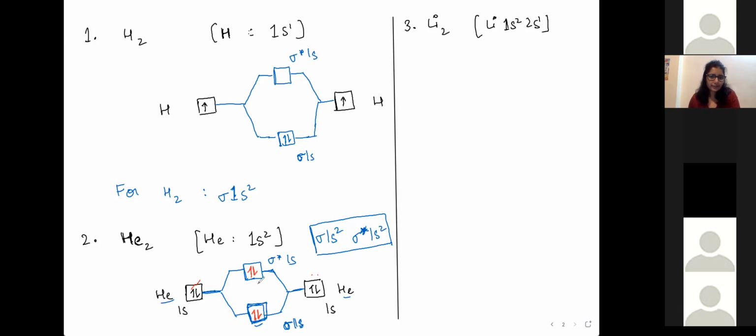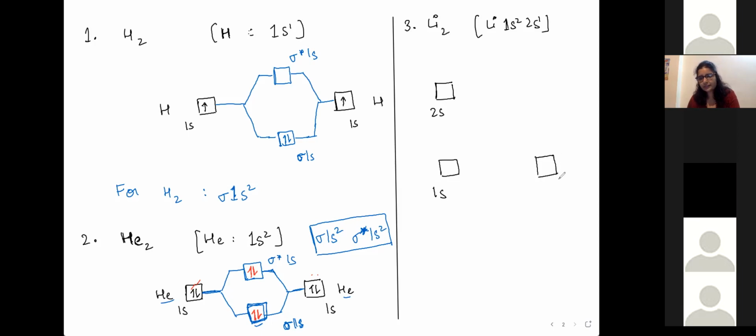So the energy diagram also will be the exact same. Because we dealt with only 1s, there was only one box here. This represents 1s. Now, since we have 1s and 2s, you will have both the boxes. So at higher energy you have lithium's 2s. Below it, at lower energy, you have the 1s orbital.